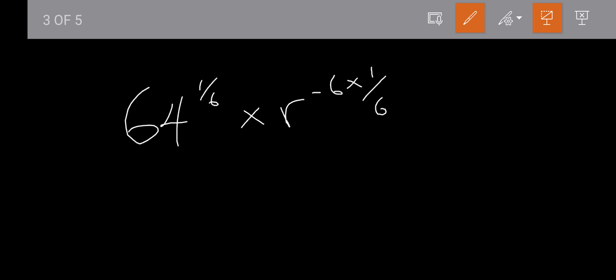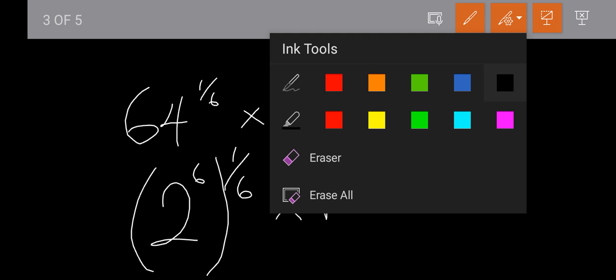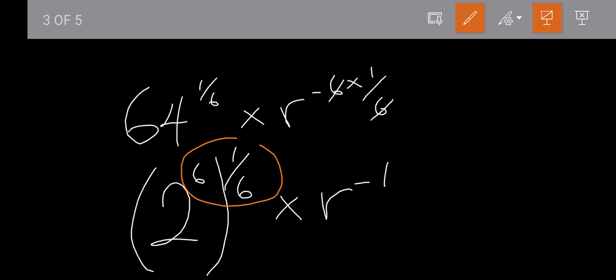Bracket open. Now, 64 can also be expressed as 2 raised to power 6. So if 64 is 2 raised to power 6 raised to power 1 over 6, then 6 times 1 over 6 is going to cancel 6 here. So I'm having r raised to power minus 1. If I apply power index here, it's going to be the same. So I'm going to be having 2 raised to power 6 times 1 over 6.